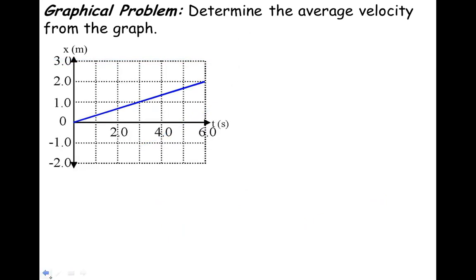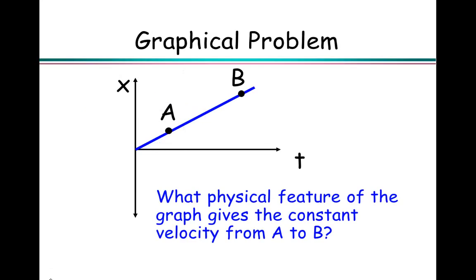One of the things that we're going to learn is that for a position time graph, the physical feature of the graph that gives the constant velocity from A to B would be its slope.